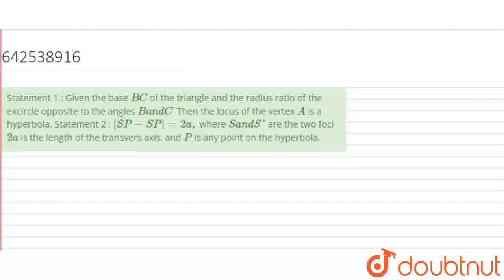Hello students, so the question is given that statement 1 is saying that given the base BC of the triangle and the radius ratio of the excircles opposite to the angles B and C, then the locus of the vertex A is a hyperbola.